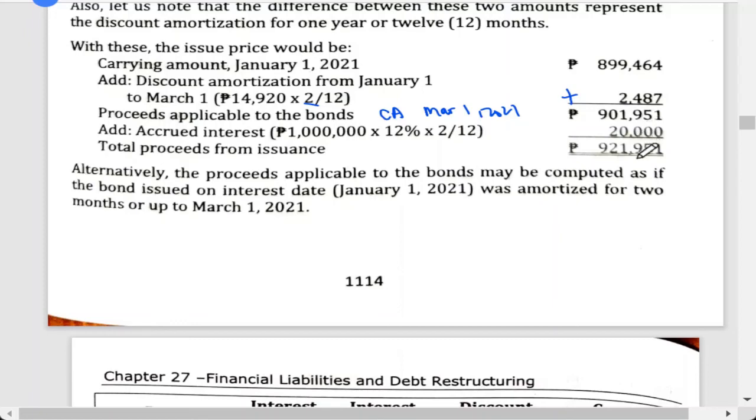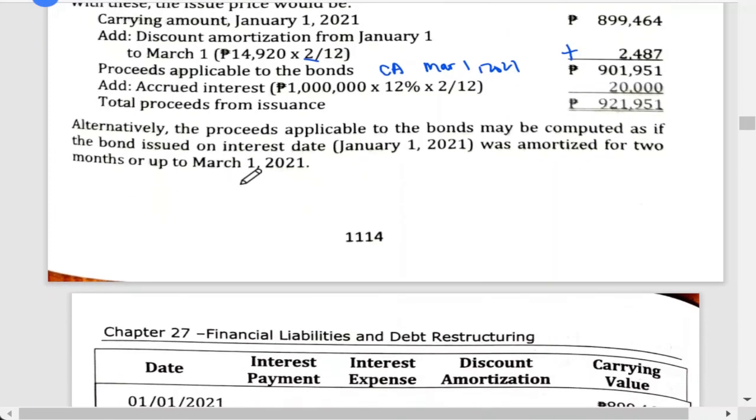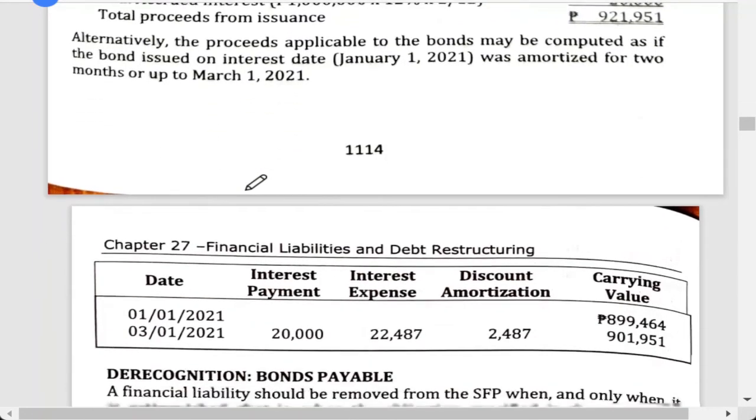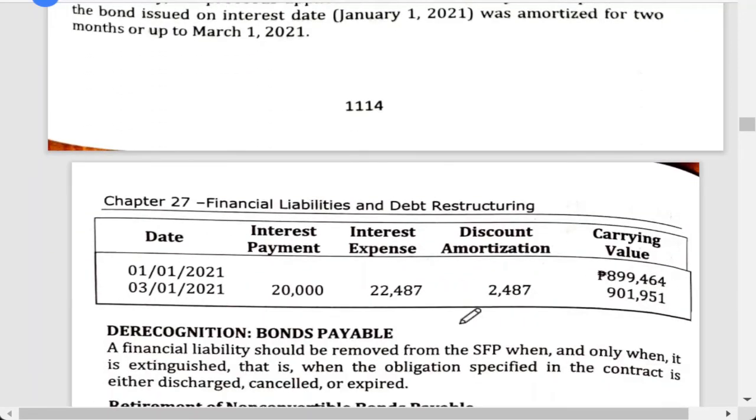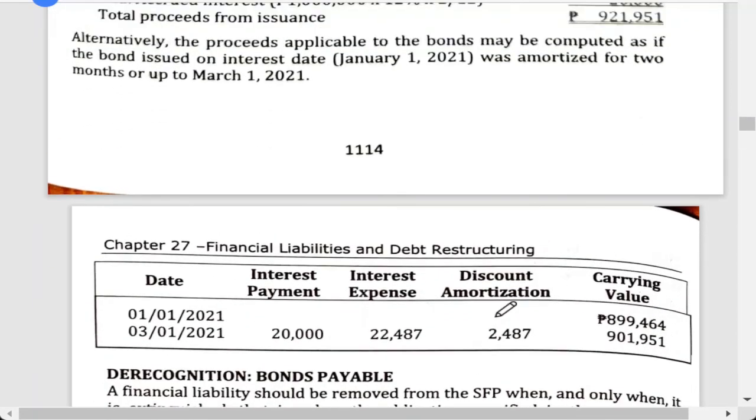So you have 921,951. Alternatively, the proceeds applicable to bonds may be computed as if the bond was issued on interest date and was amortized for 2 months up to March 1, 2021. So, that is 899,464.